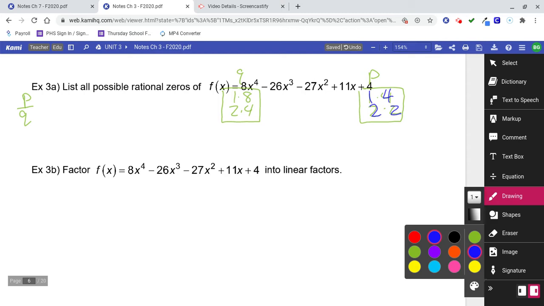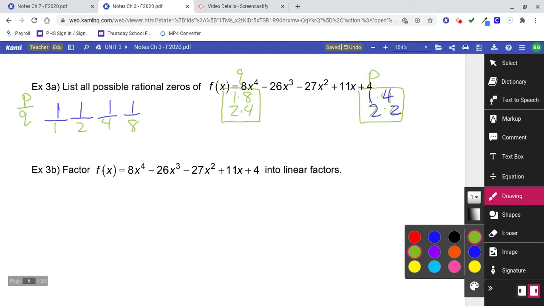So let's do 1 over 1 and 1 over 2 and 1 over 4 and 1 over 8.